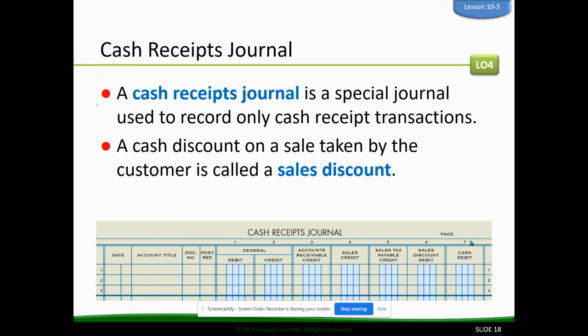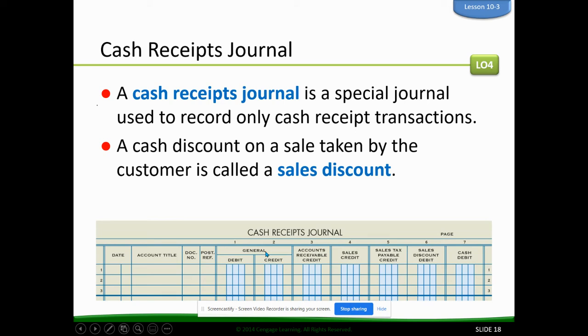Obviously there's still a place for the page. If you put your hand over columns 3, 4, 5, 6, 7, it still looks like the general ledger. We have a date, account number, document, post reference, general debit, and credit. That right there is the general journal.